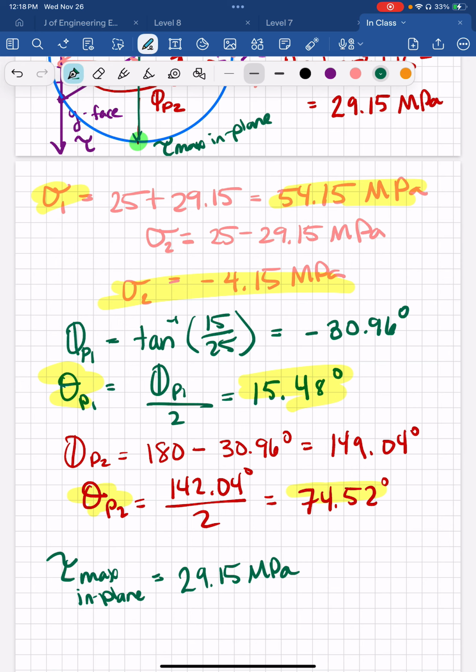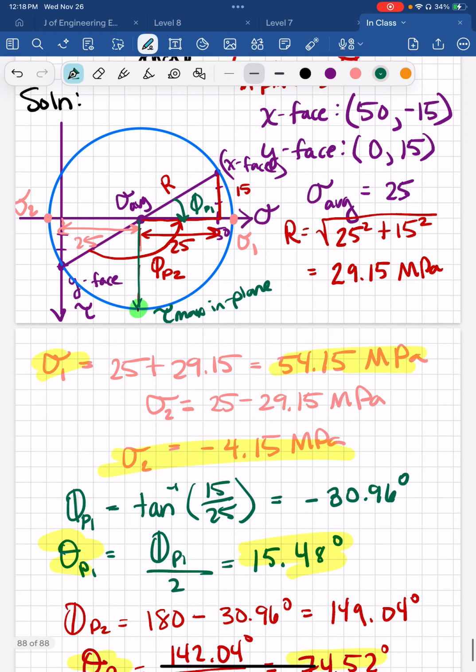And so we have that, and now we need to also find that angle for the shear stress. It's basically going to be this angle here, the angle going over to where that X face is. So that would be phi of S1. And then phi of S2 would be this angle over here.